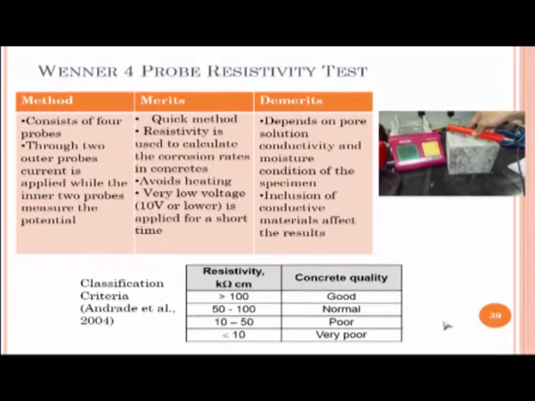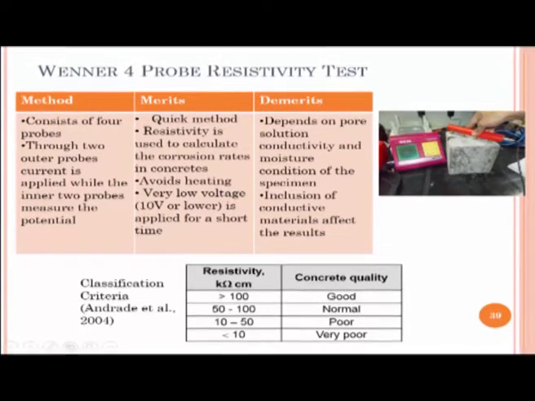One thing that is increasingly gaining popularity everywhere is simply a measurement of the resistivity. Now in soils, there is a 4-probe test to determine the resistivity of soils. That same concept has been applied here in the Wenner 4-probe resistivity test. So here you have the Wenner probe, it has got 4 different electrodes that are kept in contact with the concrete.